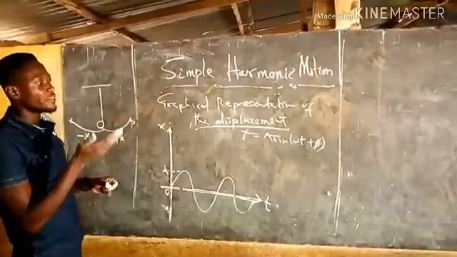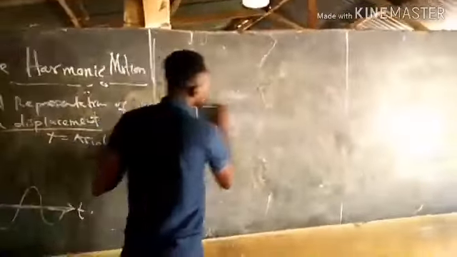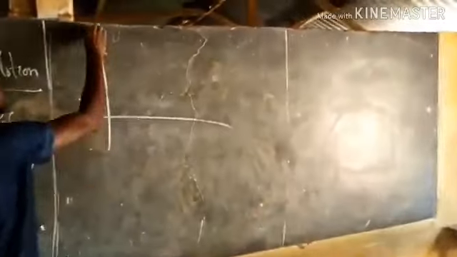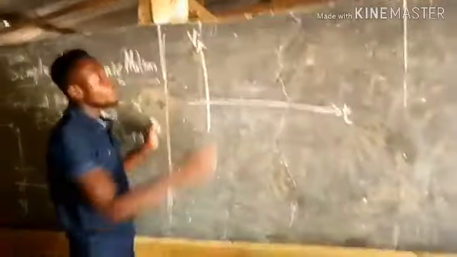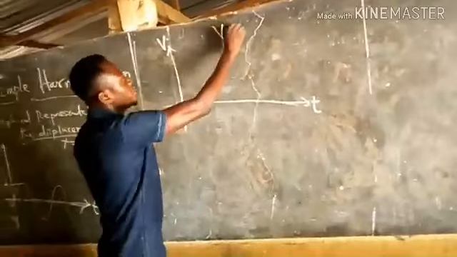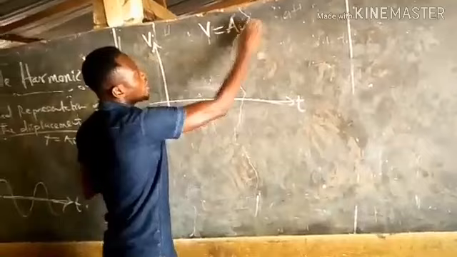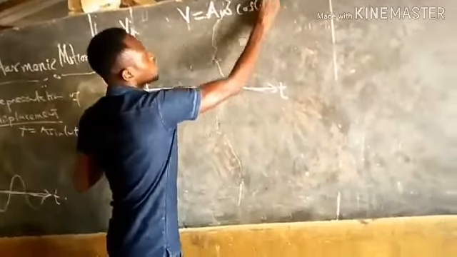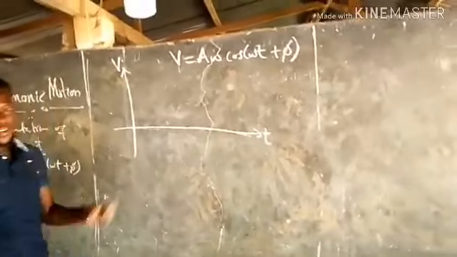Let's look at that of the velocity. So the velocity is going to give us something like this. So we have velocity against time. We had the velocity function as v equals aω cos(ωt + φ). And this is a cos function.